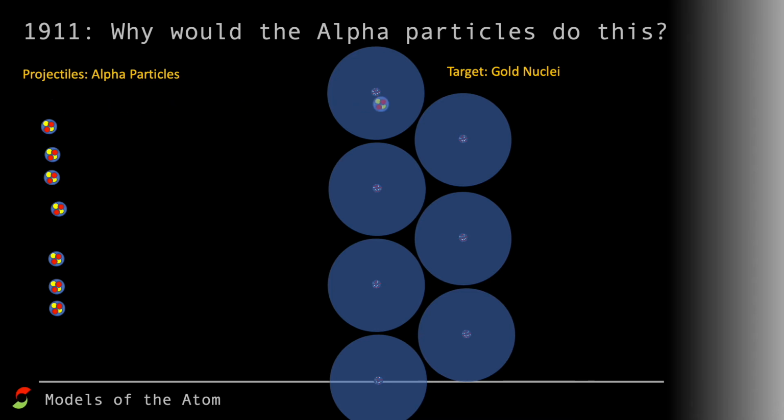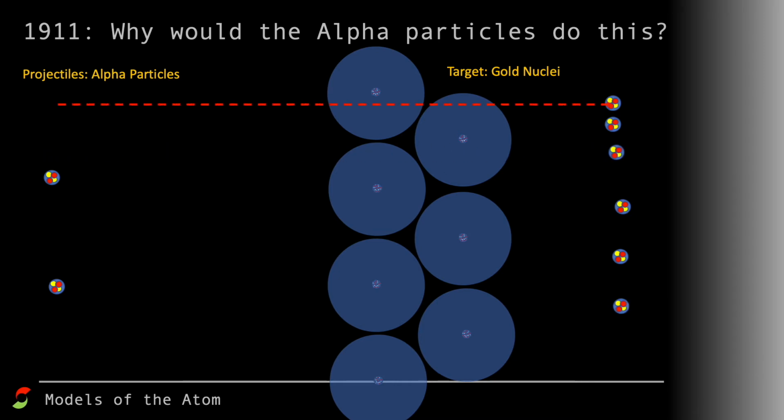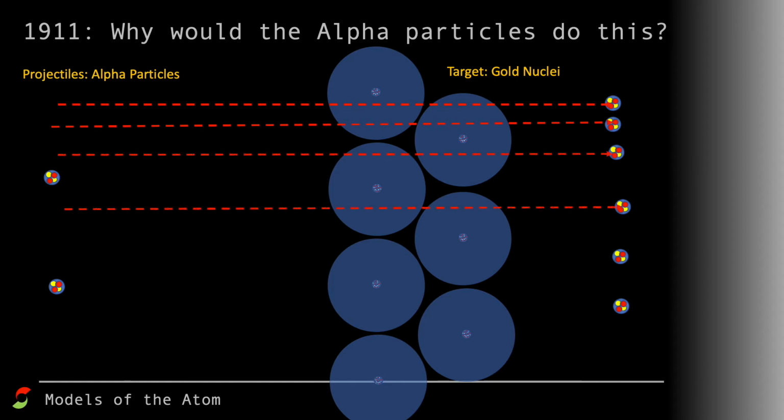If we now allow the alpha particles to go through, just like J.J. Thomson's model, most of them do pass straight through undeflected, and that's what we would expect to observe in J.J. Thomson's Plum Pudding model.